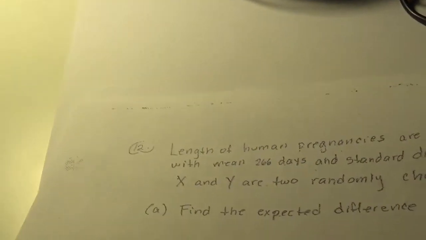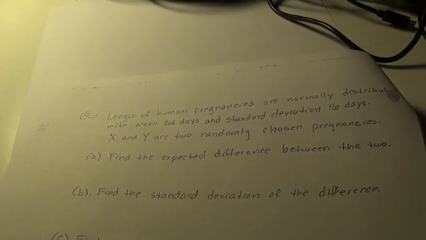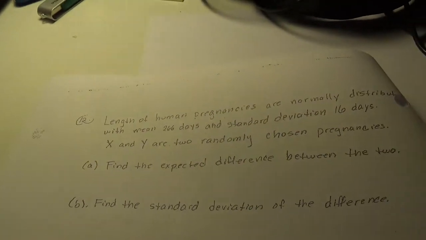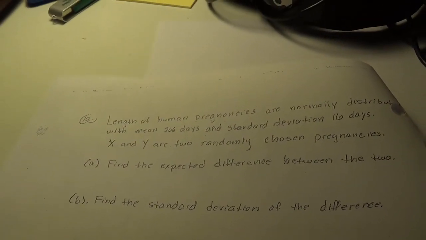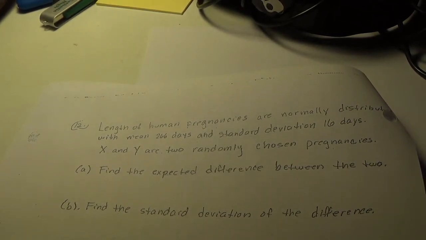Alright, let's go back to number 12 where we haven't gone over this one at all. I've asked you to try it before you actually look at the video, so I hope that you have been able to do that so you can benefit more than just doing it with me.